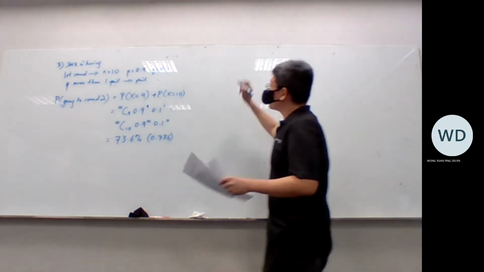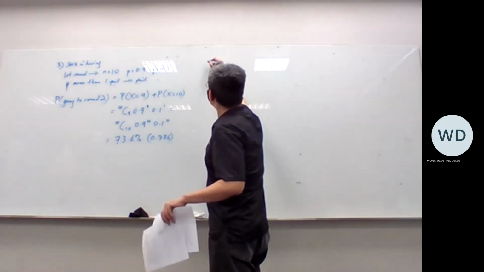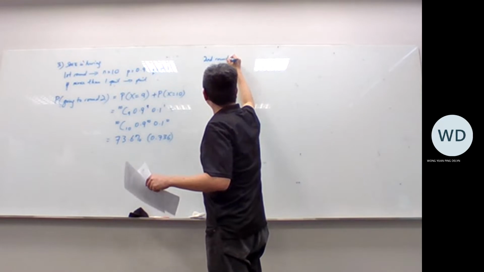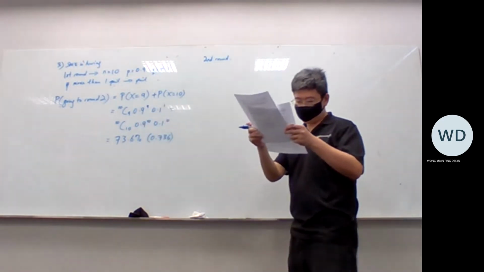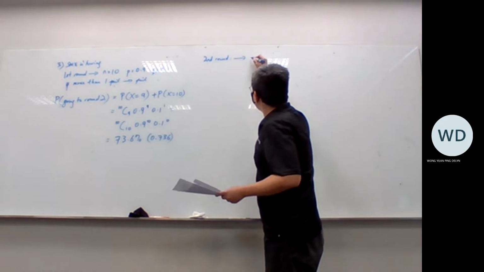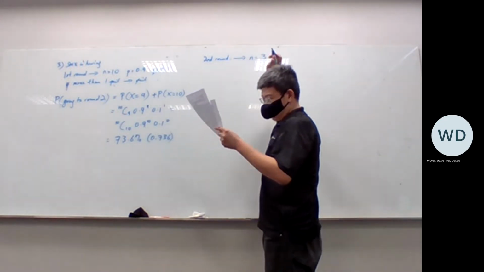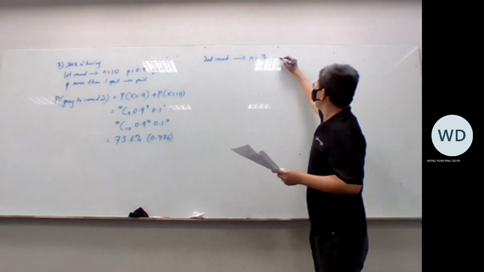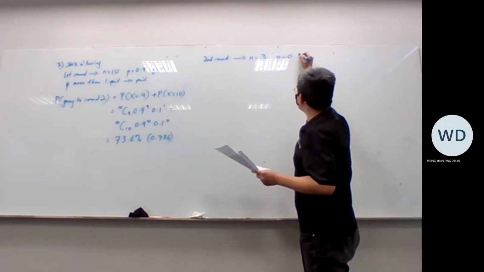So now you go to round 2. Second round. What happened in the second round? There are only 3 interviewers, which means that n equals 3. The probability of passing is only 80% now.